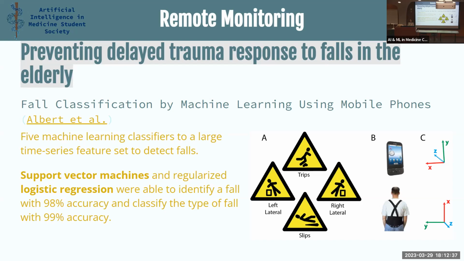I don't know if it's still truly considered AI, but there was a point in time where support vector machines were considered AI. They put this program into a phone so that when there is a rapid deceleration that's unlike any of the behaviors that the patient has, it would flag it and call their contact person and say, there may have been an event. Could you check up on your loved one? So that's an example of a study that has been used for remote monitoring.